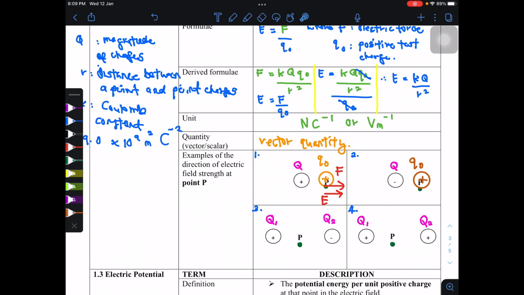Again, between the point charge and the test charge, there is still a force.